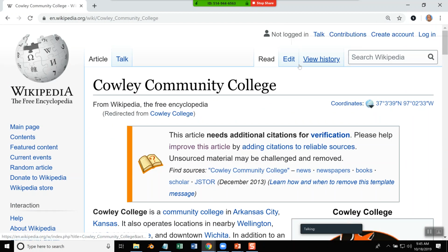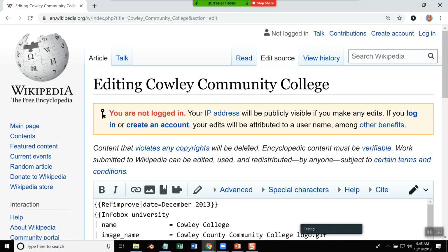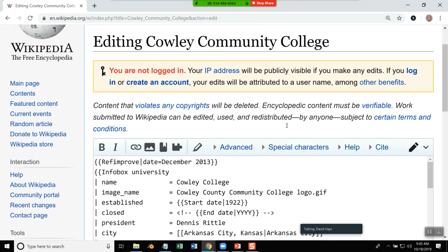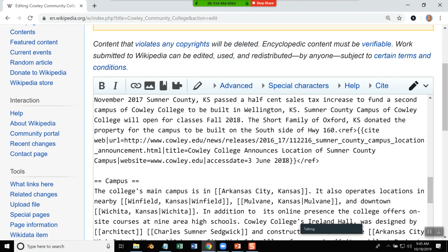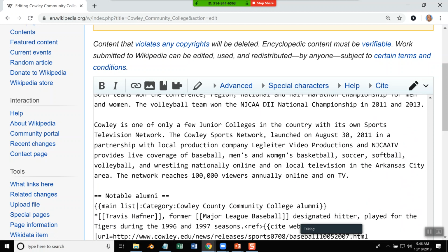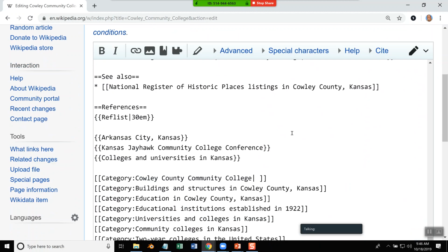But if I click edit right here, I'm not logged in. It says your IP address will be publicly visible if you make any edits and so forth. I scroll down here, try to find where I changed that. Obviously not there.